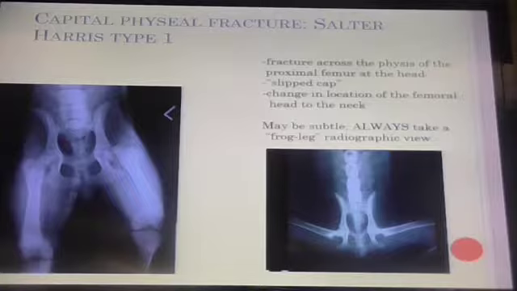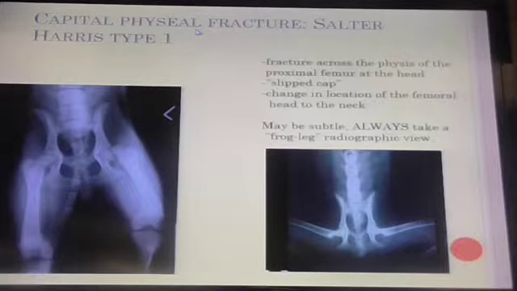The purpose is so that you can actually see the separation at the physis. Sometimes when you pull the legs caudally for the VD view, the separation might not be as obvious. But when you do the frog leg view, those two pieces separate and you can see it better for your diagnosis.